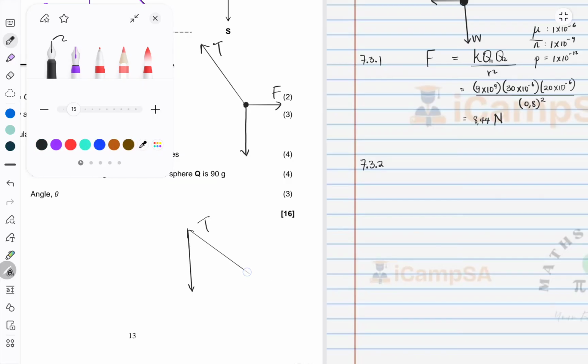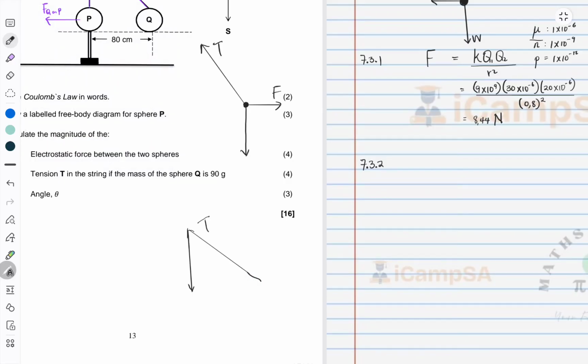Since this thing is in equilibrium, we can draw it in a closed vector format. It's not moving.